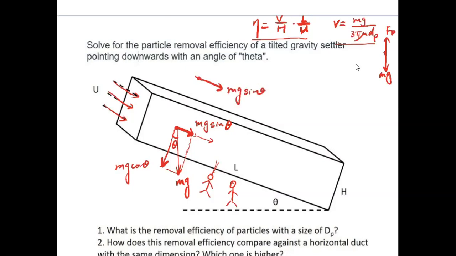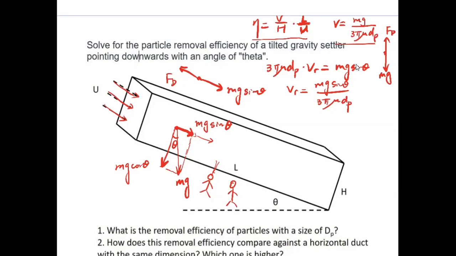M g sine theta balances the drag force, so 3 pi mu d p multiplied by V r equals m g sine theta. So V r is m g sine theta divided by 3 pi mu d p.